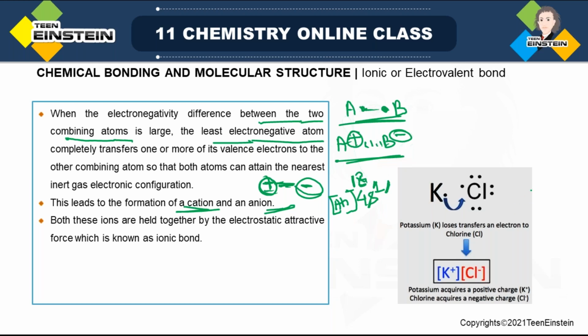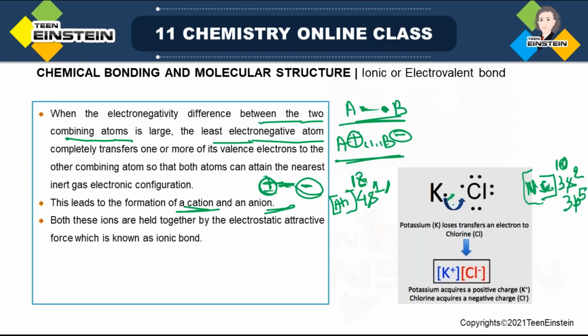For chlorine, 17 is the configuration, so after neon, which has atomic number 10, 7 electrons you have to place. It is 3s2, 3p5.